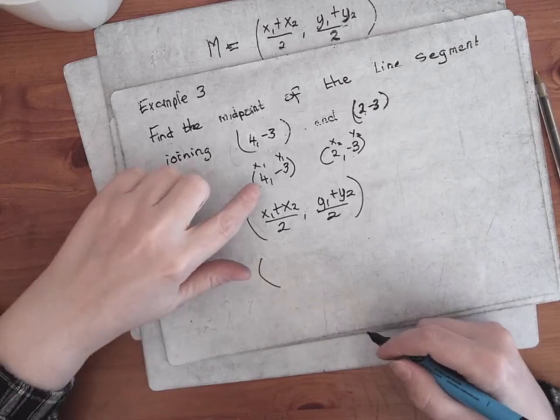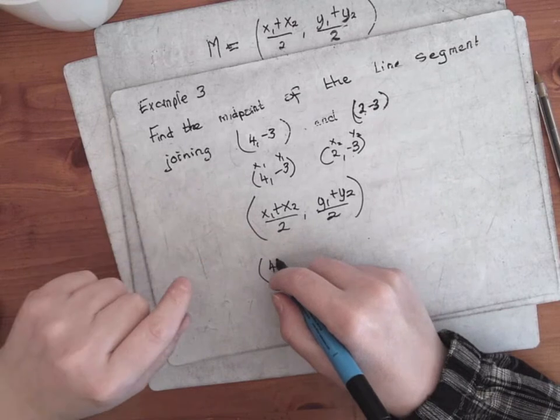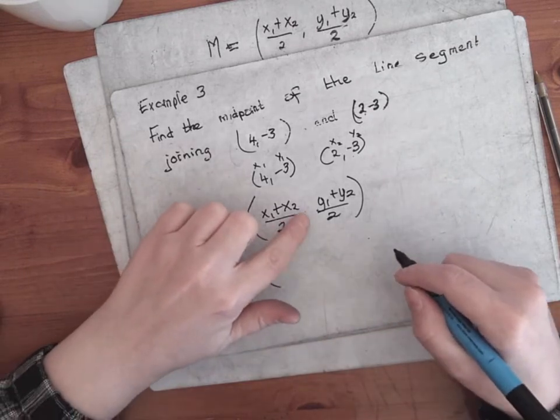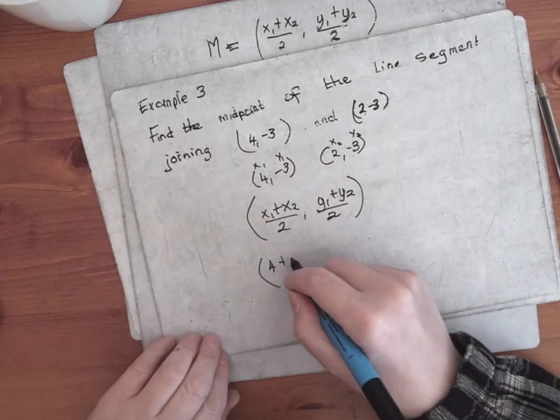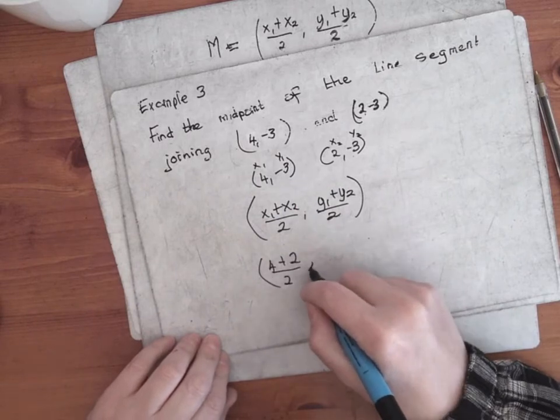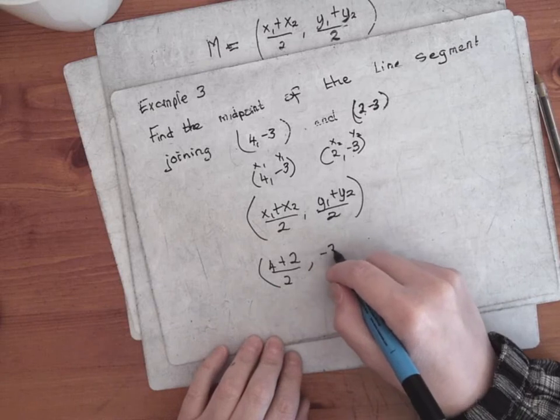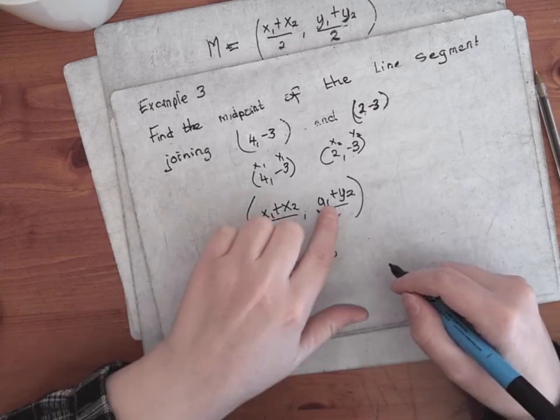So x1 is 4, then I have a plus sign. Then I have x2 is 2, all over 2, then I have a comma. Then I have y1 is minus 3, then I have a plus sign.